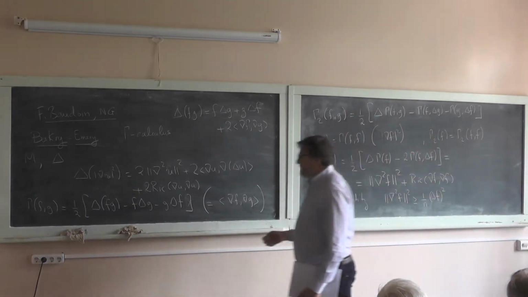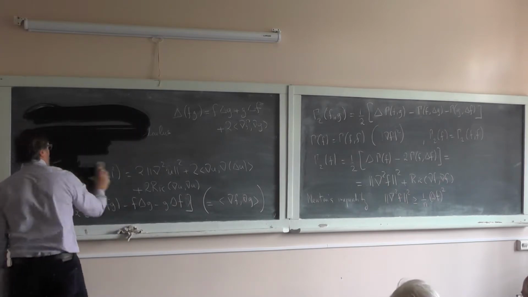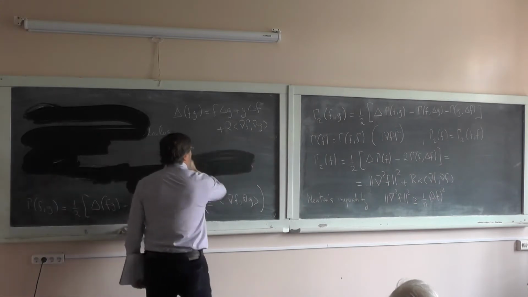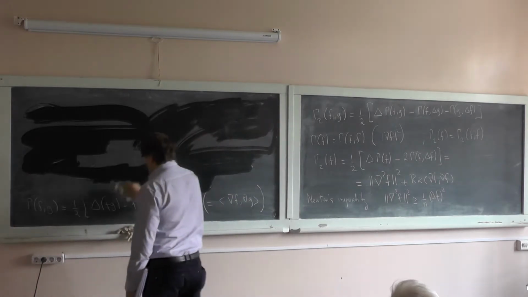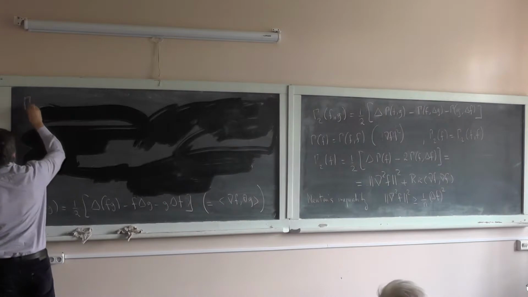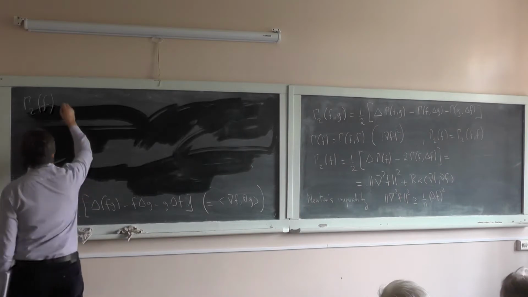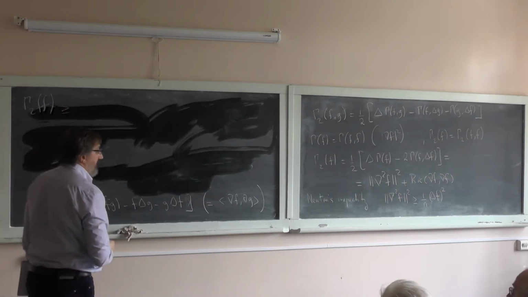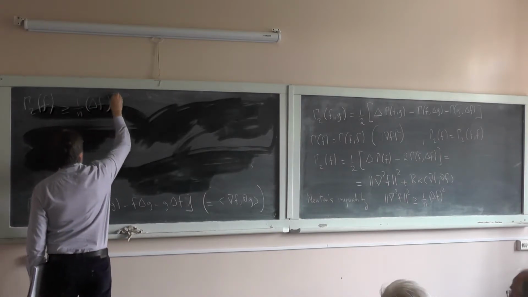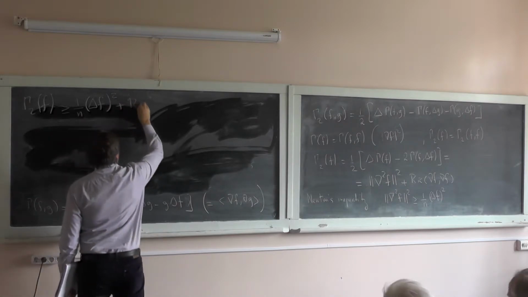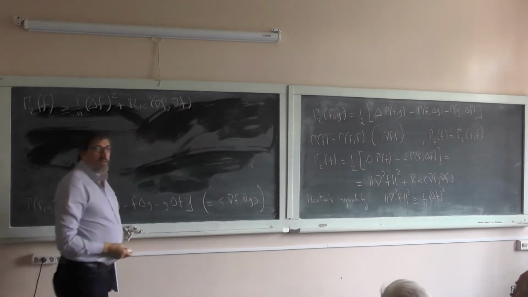So, having made this observation, we conclude that gamma 2 of f, here f is just any smooth function on the manifold, can be controlled from below by this object here, plus Ricci of gradient f, gradient f.